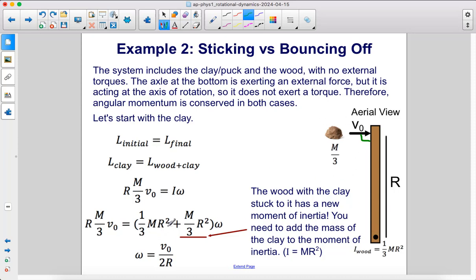So we have 1/3 mr squared, which was the original moment of inertia, but then we're adding this mass. So remember, to add a piece of mass to the moment of inertia, you just add mr squared. So the mass of that clay is m over 3. Its distance of the collision distance is r squared, omega. Solve this for omega, we get v naught over 2r.